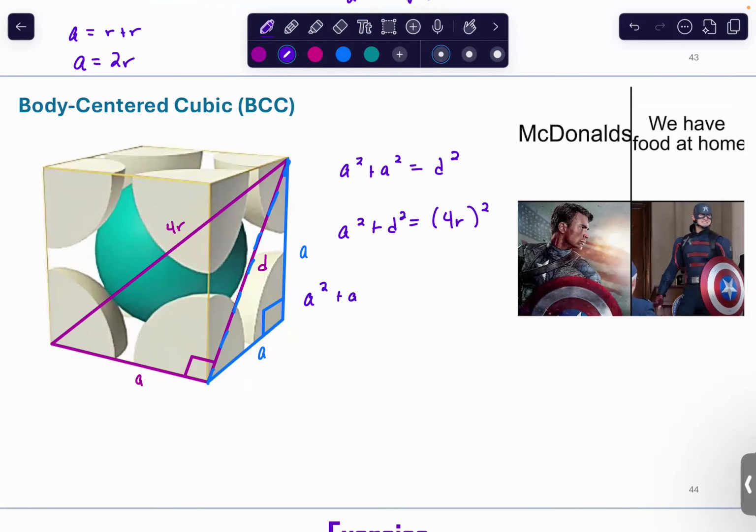A squared plus A squared plus A squared is 3A squared, equals 16R squared. And then, of course, the length of our side is going to be the square root of this whole thing. Whoa.